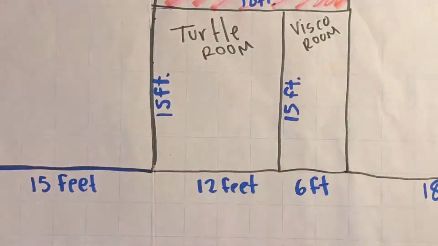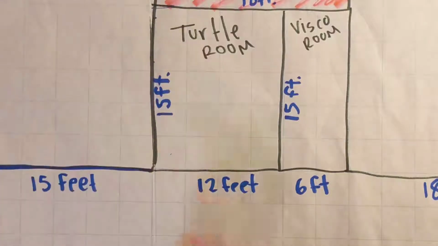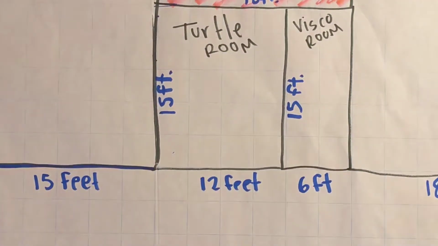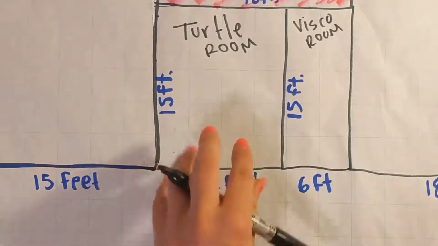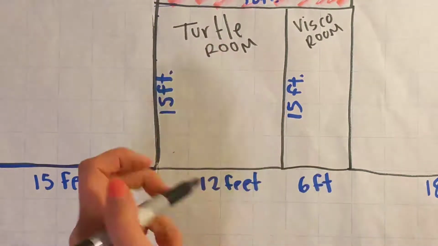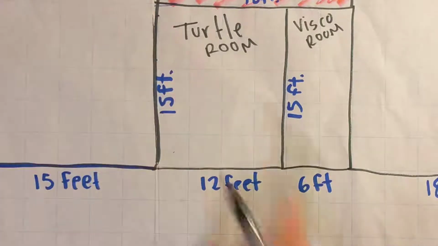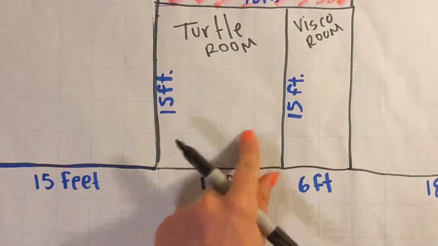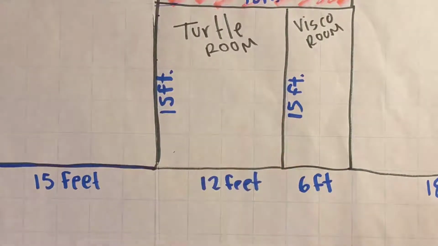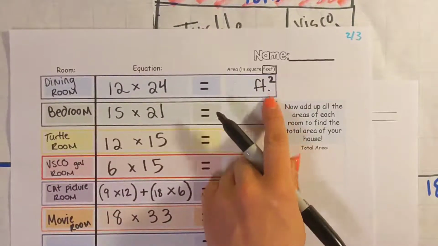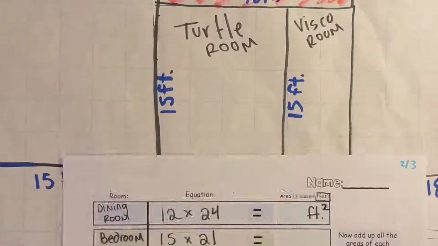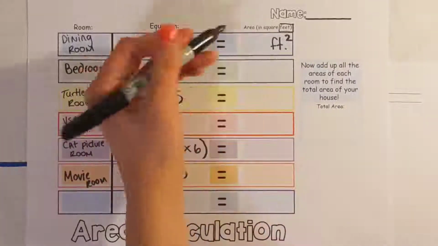I'm going to do 12 times 15. 12 times 15 is 180, but it's 180 square feet because we're going in this direction and that direction. So it's all of these dimensions. So when you do area, it's feet squared or units squared or meters squared. All right, since I just did my turtle room, I'll go ahead and put that in.